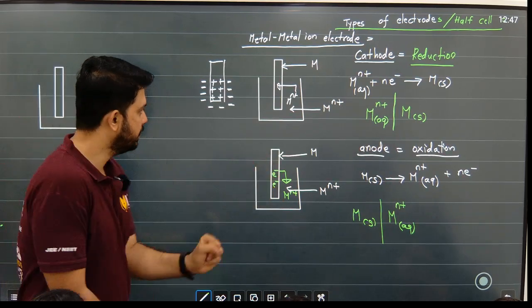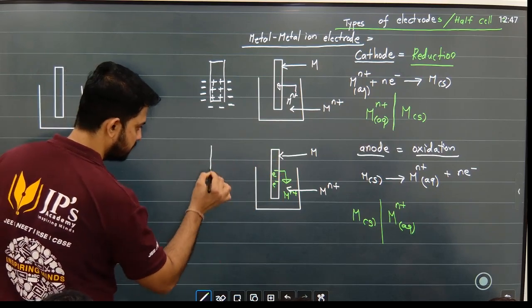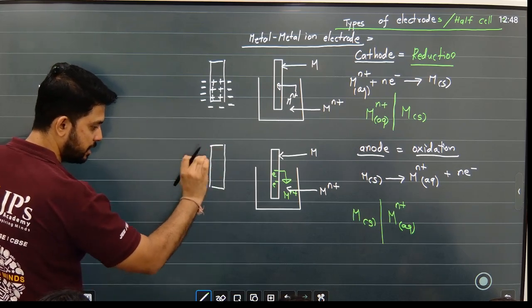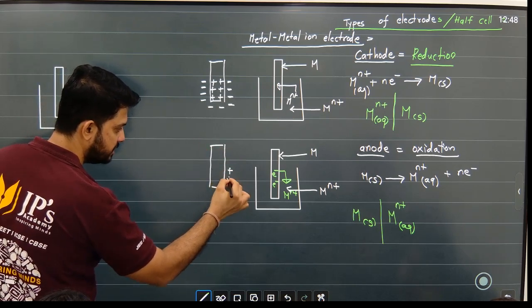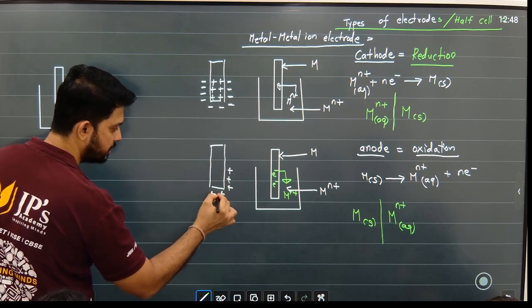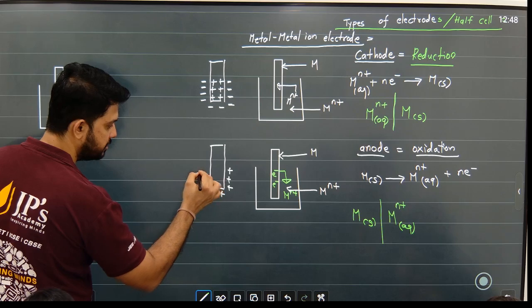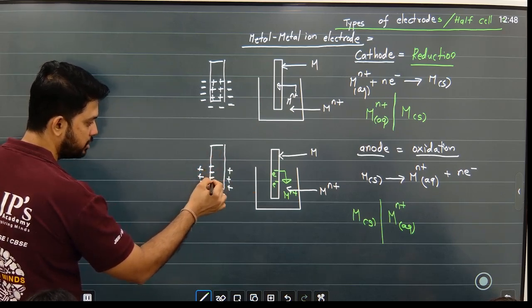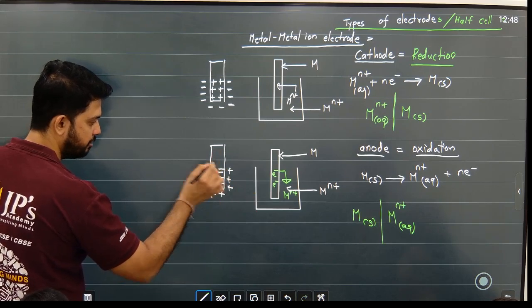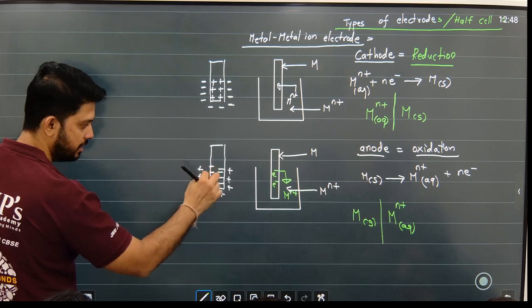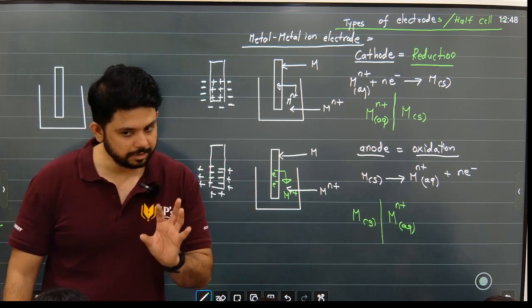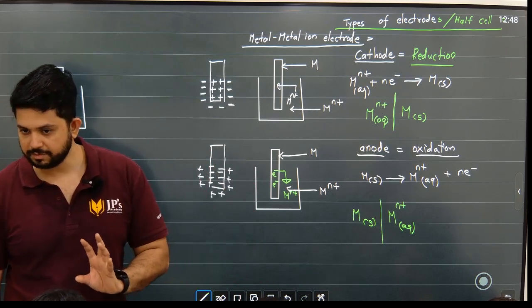Similarly, what happens here? The metal is coming into the solution in the form of its ions. What does the solution start becoming? Positive. The rod has electrons, so that will be negative. Again a positive and negative charge difference, meaning a potential is developed.